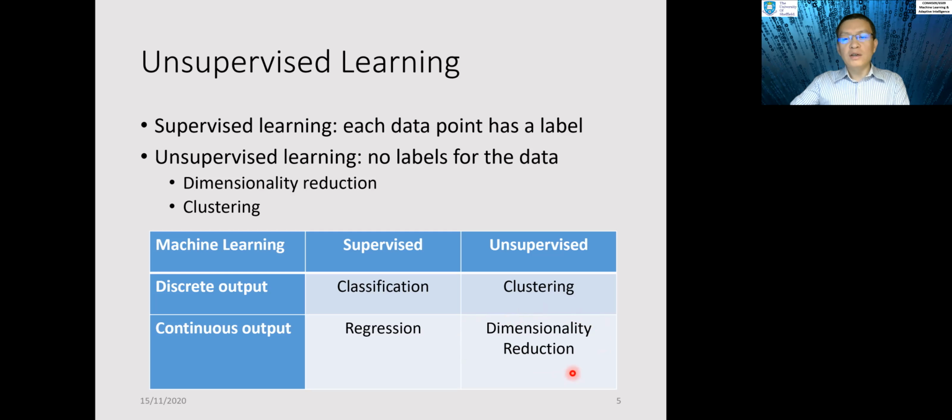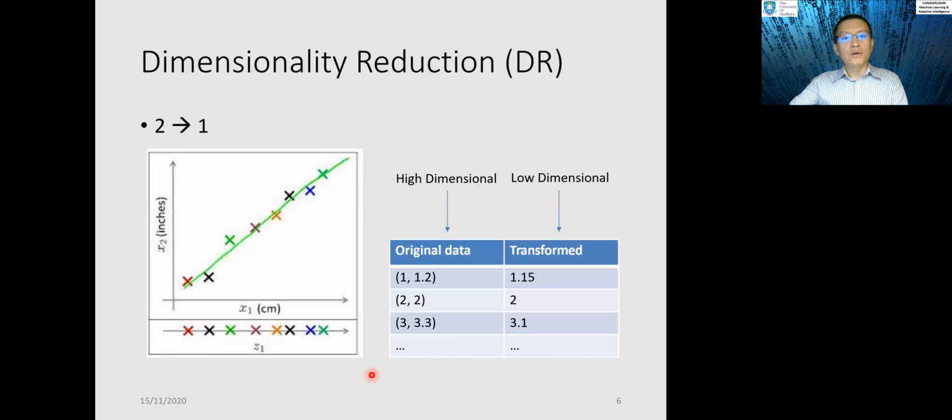And also the difference is that typically we are having multiple outputs rather than just a single continuous output. So this is a nice summary of the fundamental tasks in machine learning by looking at the output, whether it's discrete or continuous, or whether the task is supervised or unsupervised. And it will help us to make connections between what we learned in this lecture and what we learned in previous lectures.